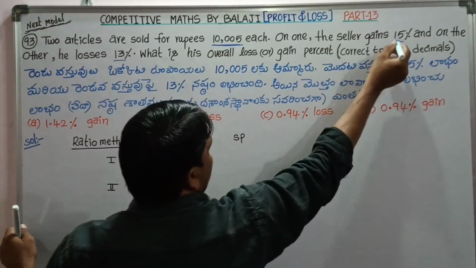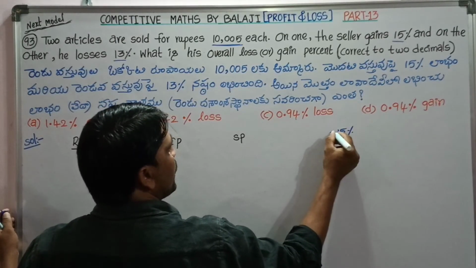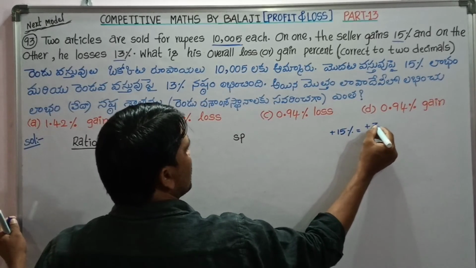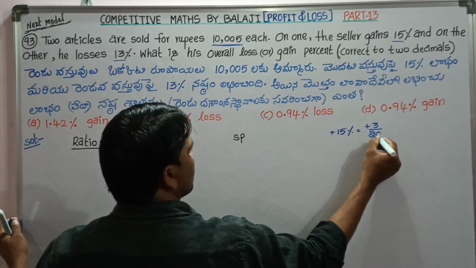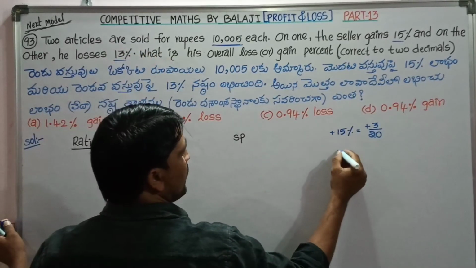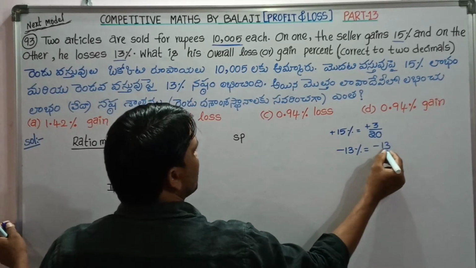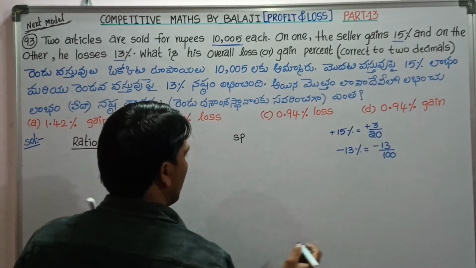On first article, we get 15% profit. 15% fraction value is 3/20. And on the second, we lost 13%. Fraction value of 13% is minus 13/100.